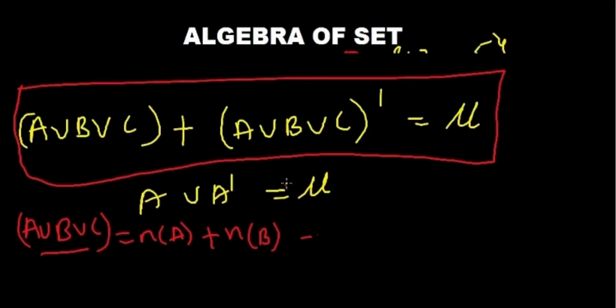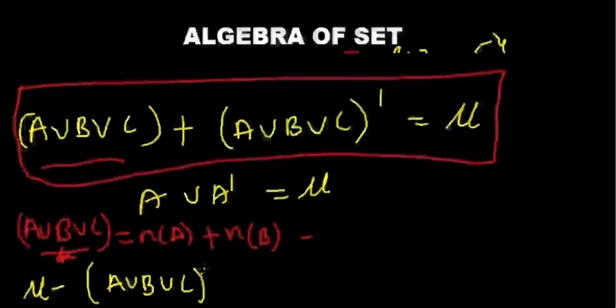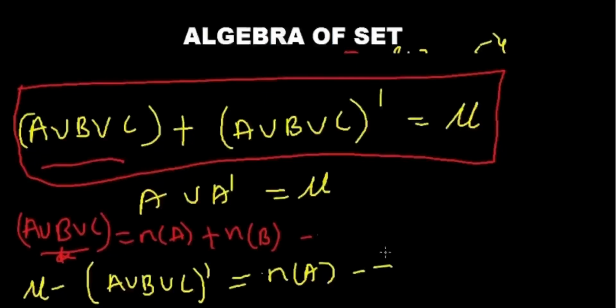If I make this the formula, I can now replace it as the universal set minus the complement of A union B union C, and I can write the whole of A plus B and the likes. So it depends on the question you are given. Okay, so in subsequent videos we are going to see how I'm applying all these formulas in solving word problems.